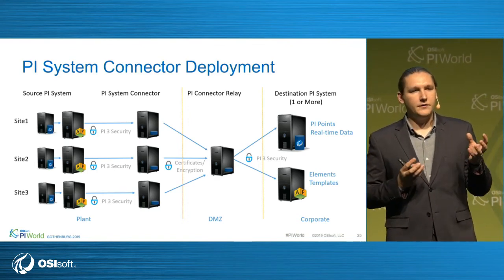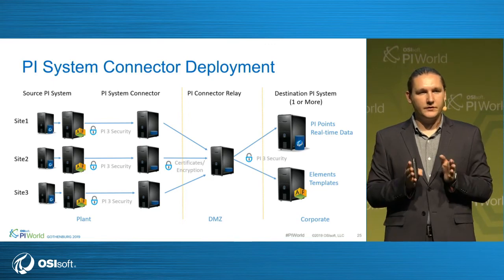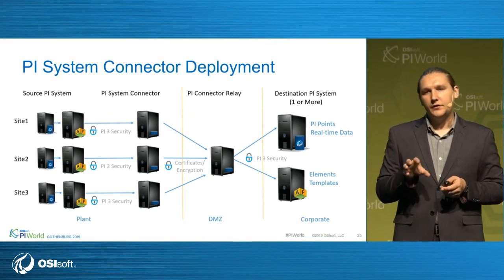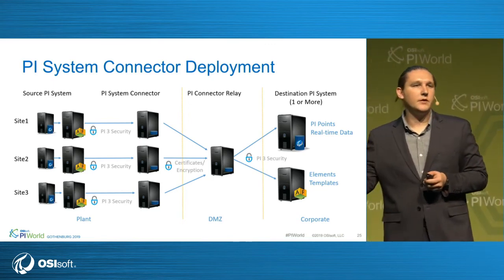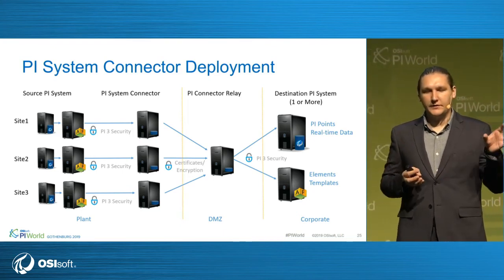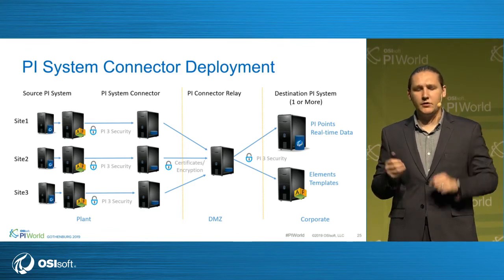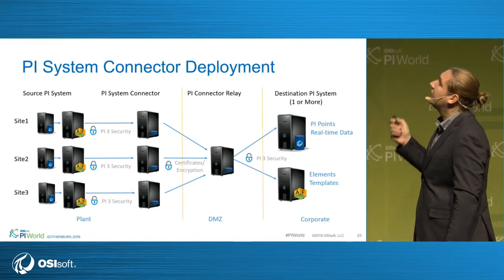Then we are dividing the plant network and the corporate network with the DMZ zone, of course. And inside the DMZ zone, we are implementing the PI Connector Relay. And all the connections between the plant network and the DMZ are also encrypted by certification.